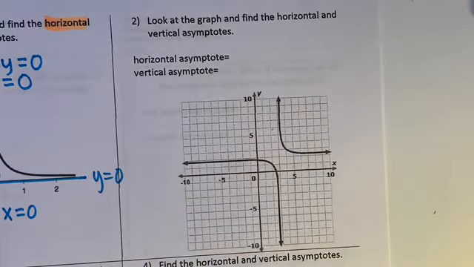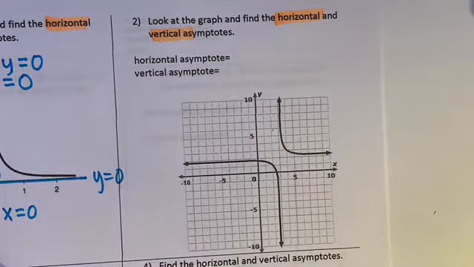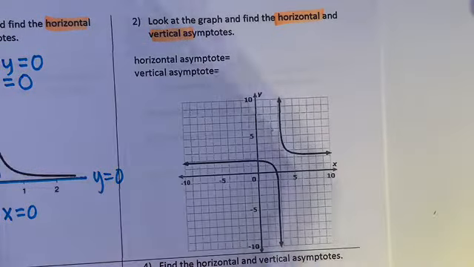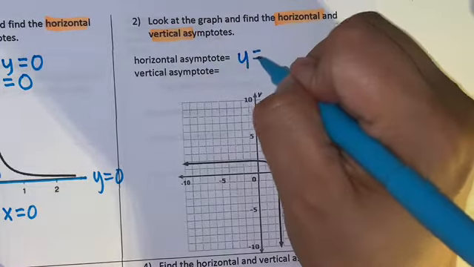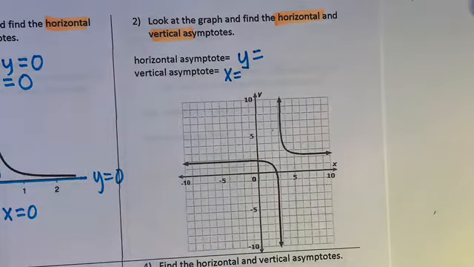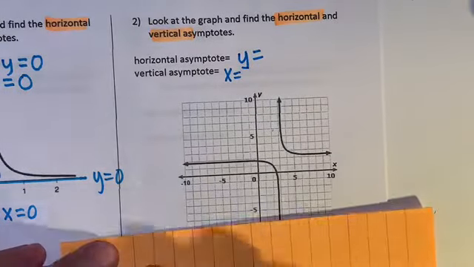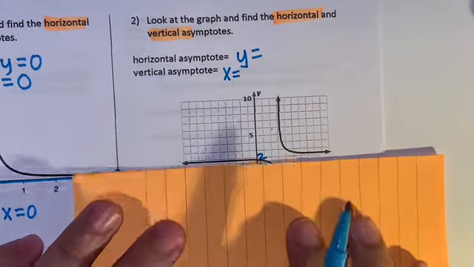Number 2, for the example, find the horizontal and vertical asymptotes. Okay, so horizontal asymptote is going to be y equals and x equals. So let's look at the horizontal first. So that's 1 and 2.